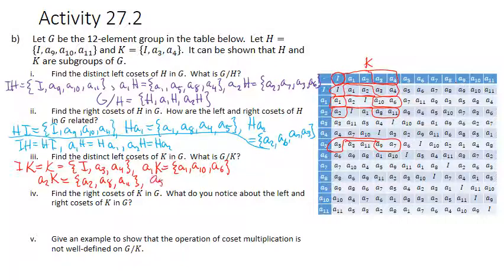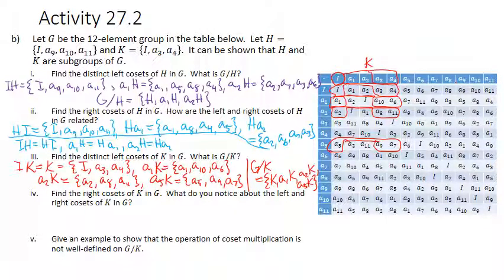So A5K is A5, A9, and A7. Okay, so that goes over all of the elements in the whole group, so that must have been all of them. So then we can say that G mod K consists of just K, and then A1K, A2K, and A5K.